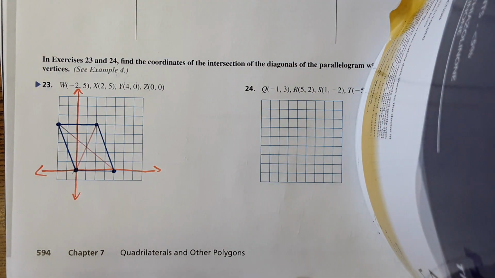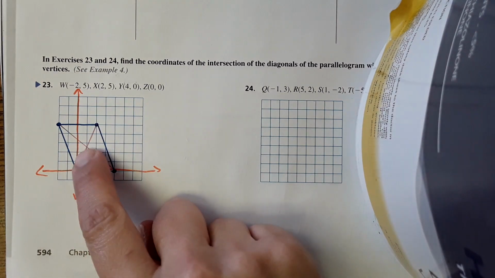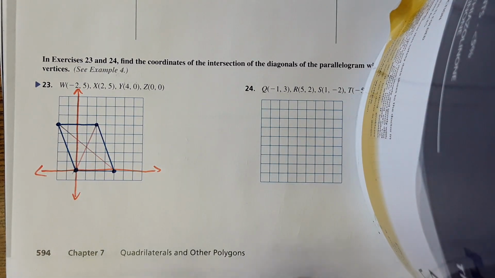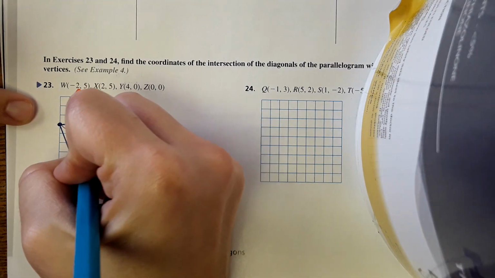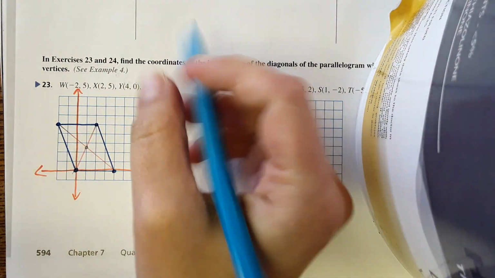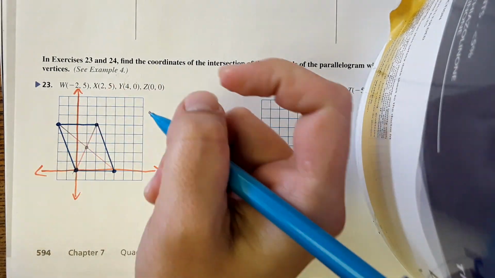And unfortunately, it doesn't land at a whole point, and I drew it very precisely. So if that happens and you can't see definitely where it intersects, then since this bisects each of the lines, you can actually just find the midpoint of the points.